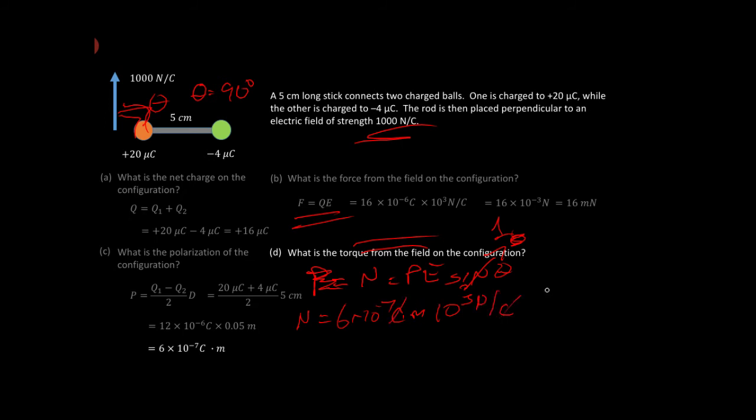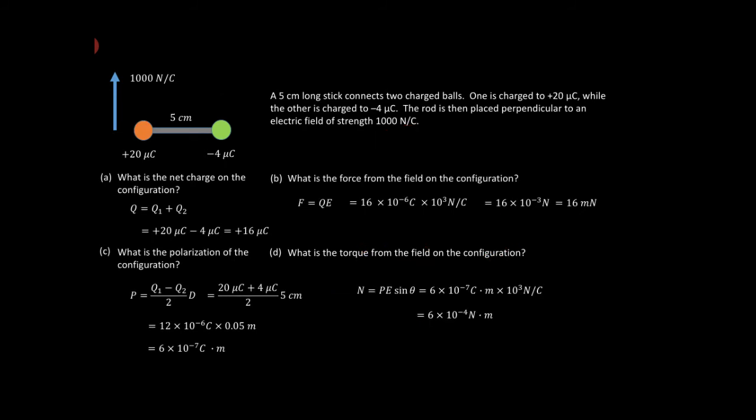So those coulombs cancel. And we have 6 times 10 to the minus 4 Newton meters, which is good because Newton meters are what we measure torque in. If you'll remember that from oh so long ago. All right, so that's more or less how that's done.